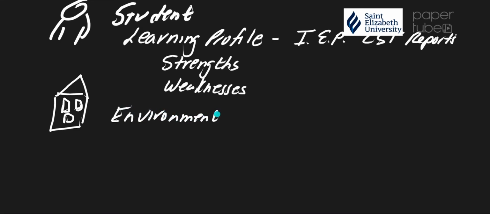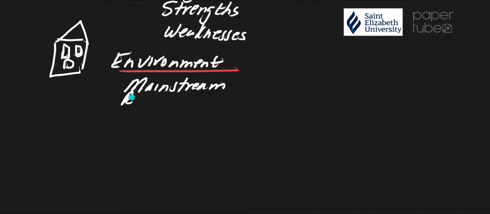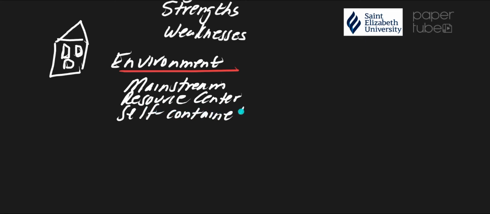And in some cases, we will want to know, is the student's education taking place mainly in the mainstream classes, or maybe they're spending some time in the resource center, or maybe some may be in a self-contained environment.